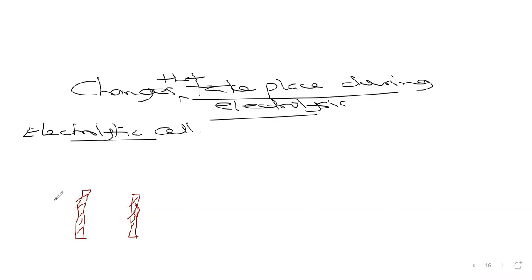Now, these electrodes are always dipped in an electrolyte. And each of them is connected by connecting wires to a DC power source or a battery.